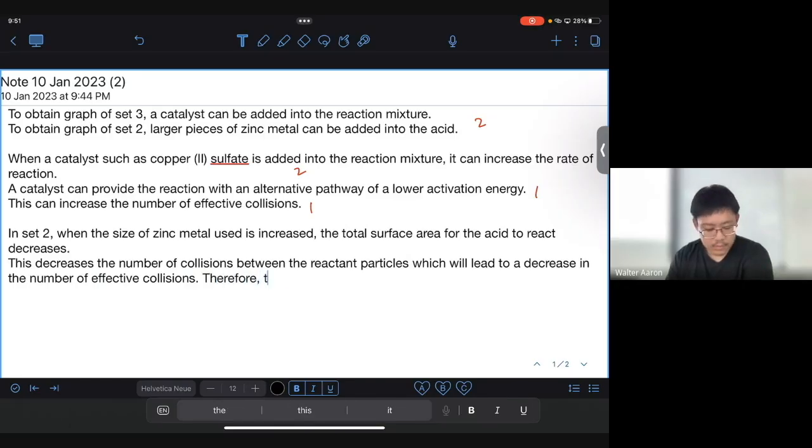Therefore, the rate of reaction decreases.